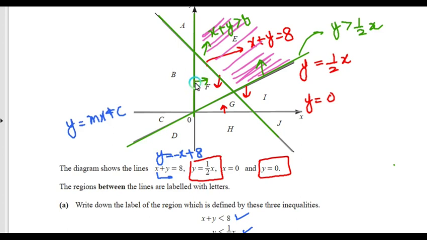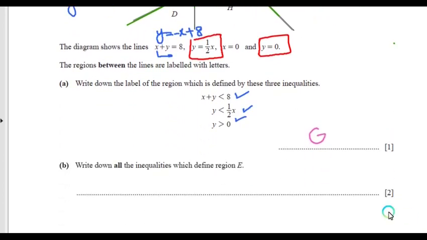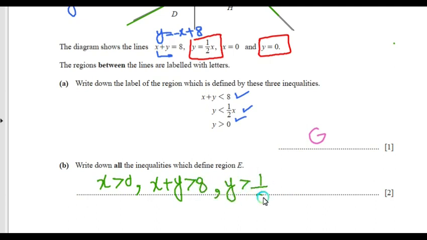This line is x equals 0, so in this region x is greater than 0, so this will be x greater than 0, right? So these are the inequalities we have: x greater than 0, then x plus y greater than 8, and then y greater than 1 over 2x. So these are the inequalities which define the region E, right?